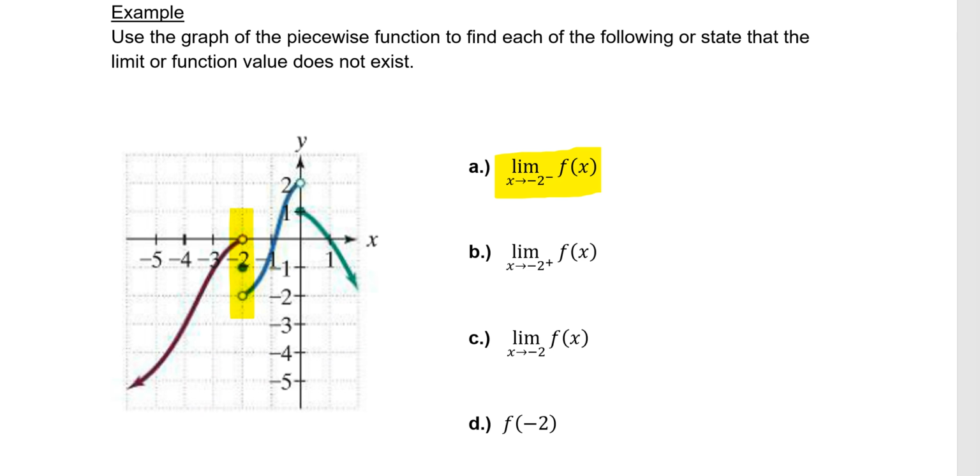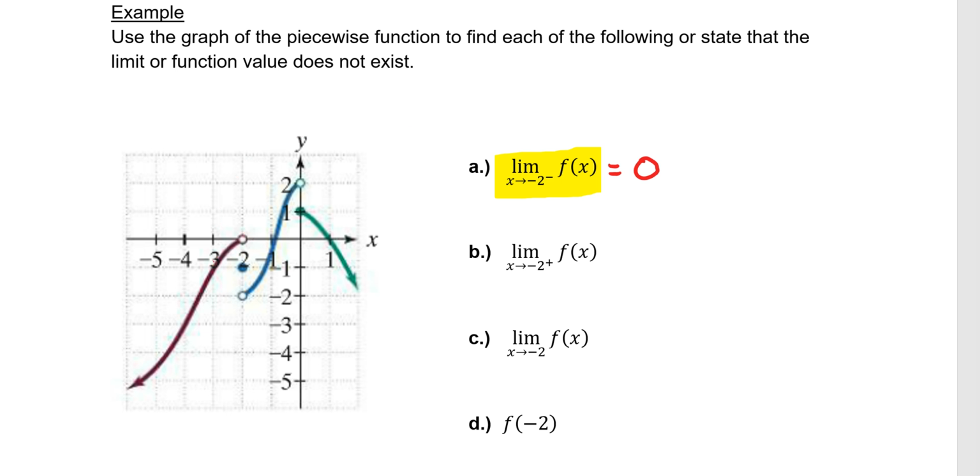So as we approach -2 from the left side, that's going to be this part of the curve over here, right on the left side to the left of -2. So as we approach -2, it's approaching this hole, which is on the x-axis, which is a y value of 0. So the limit as x approaches -2 from the left equals 0.